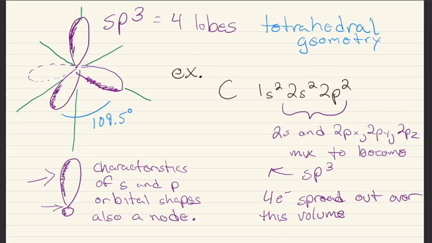So how do we fit 4 electron domains around a given central point? Well, the best way to do that is tetrahedrally, and we're familiar with that, 109.5 degrees.